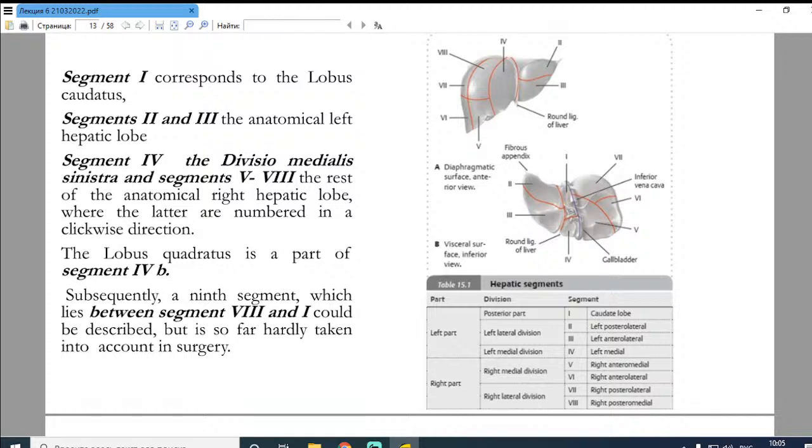The lobus quadratus is a part of segment 4. Subsequently there is a ninth segment, which lies between segment 8 and 1. It could be described, but is so far hardly taken into account in surgery. What you see, hepatic segments.